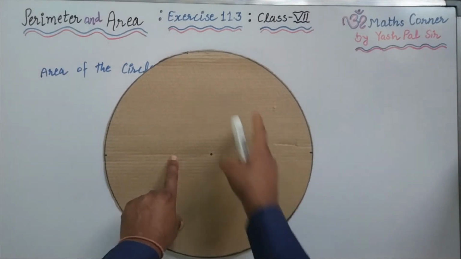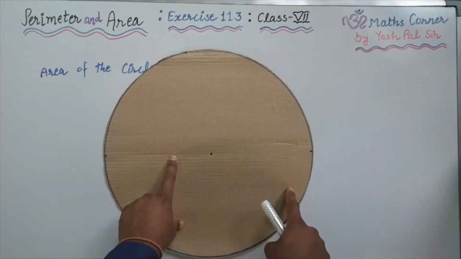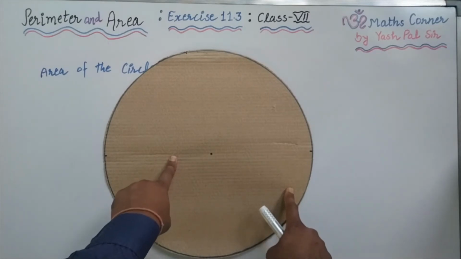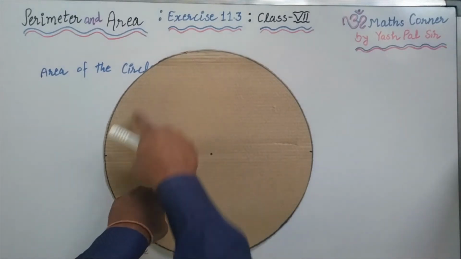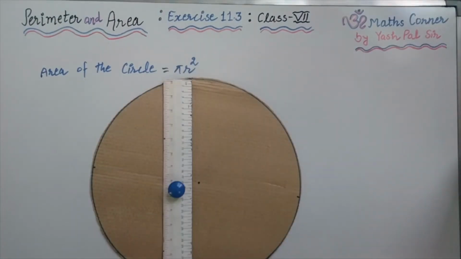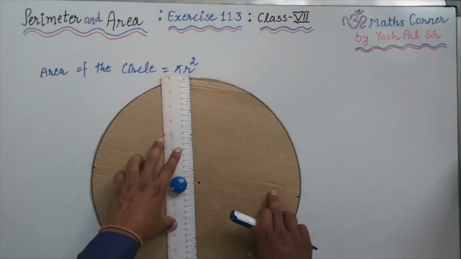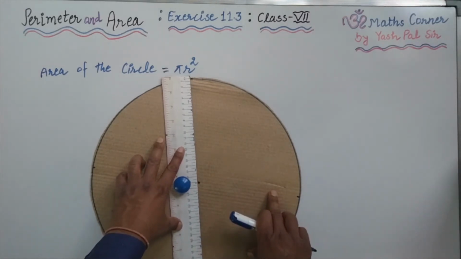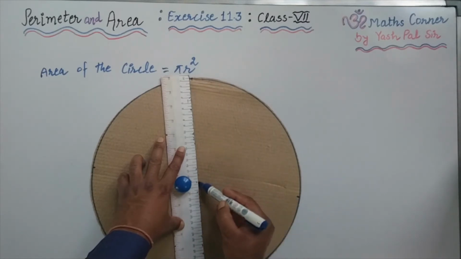Here again I am taking the help of this circular sheet of cardboard. So let us calculate the area of this circle. First of all, let us see what is the dimension of this circle.